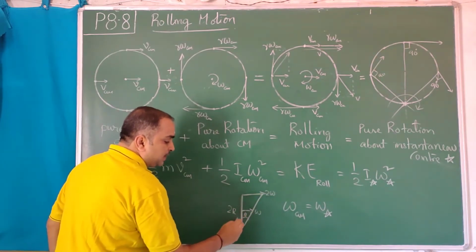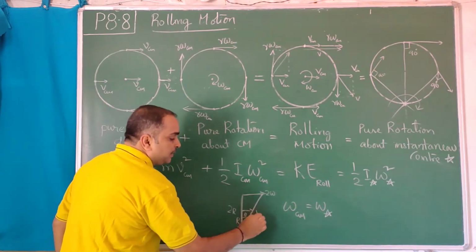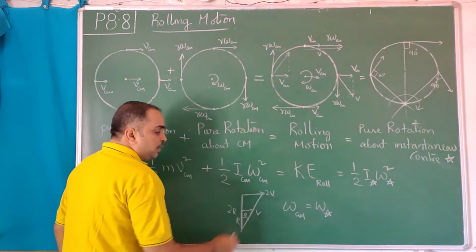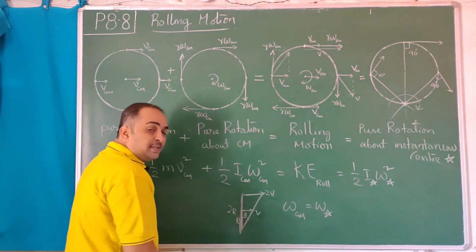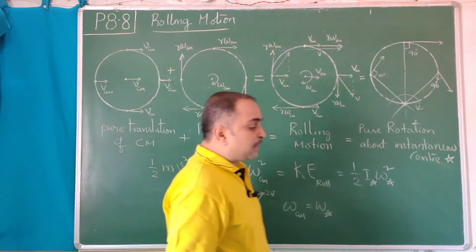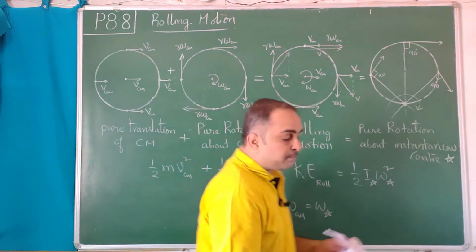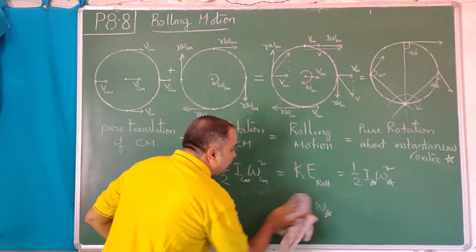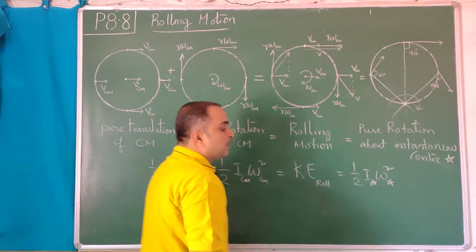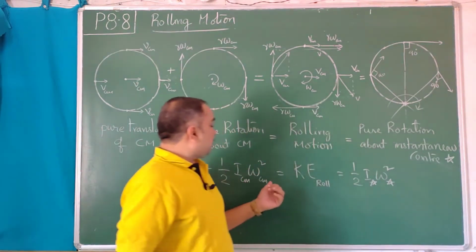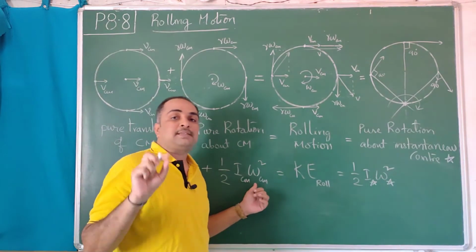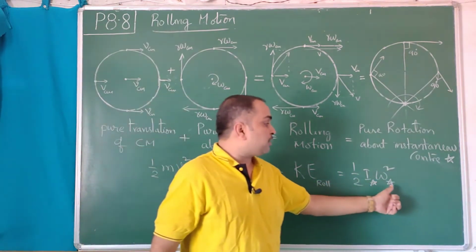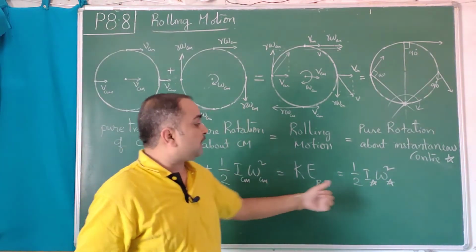This is omega, this is r. Sorry, this is v, this is 2v. This by this and this by this come the same. So one comes as omega cm, the other as omega star. So only in case of pure rolling, I repeat, whatever number comes for angular velocity about the center of mass, that same magnitude you can take for angular velocity about the instantaneous center, but the moments of inertia are different.